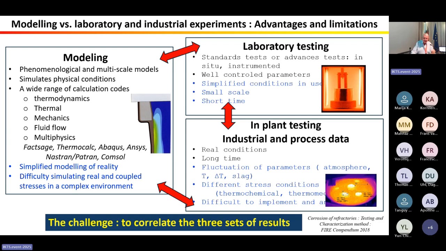Concerning in-plant testing, industrial and process data, we are in real conditions for a long time, but we have fluctuation of industrial parameters, atmosphere, temperature, variation of slag, with different and combined stress conditions, thermomechanical, thermochemical, and we have real difficulty to implement tests and to analyze the results.